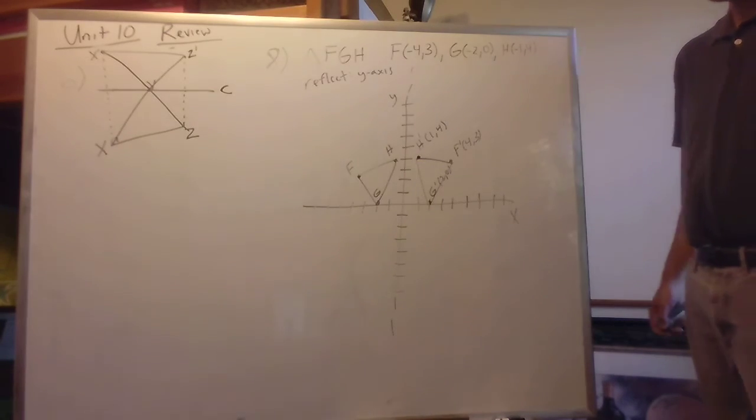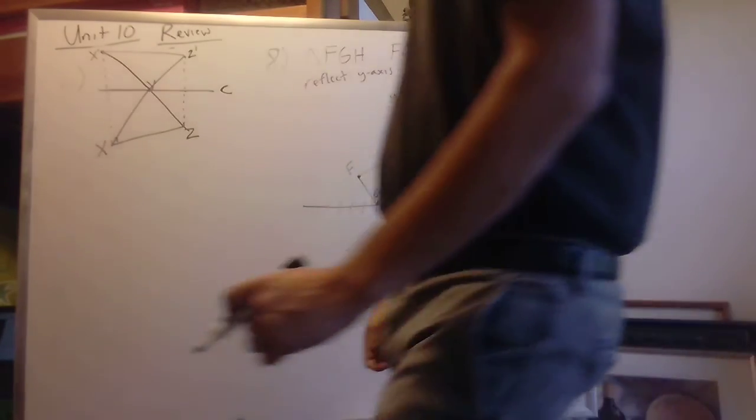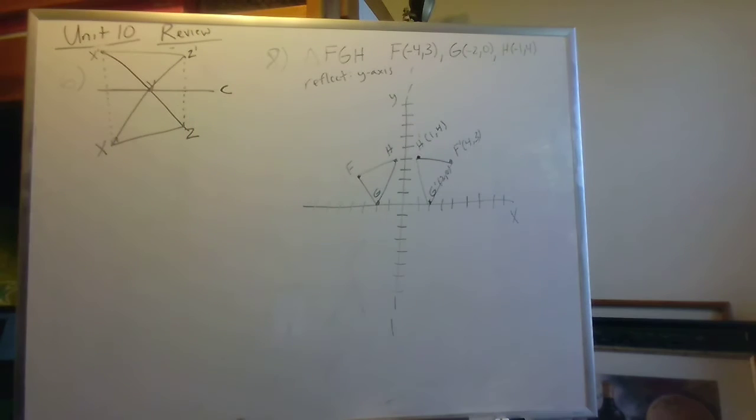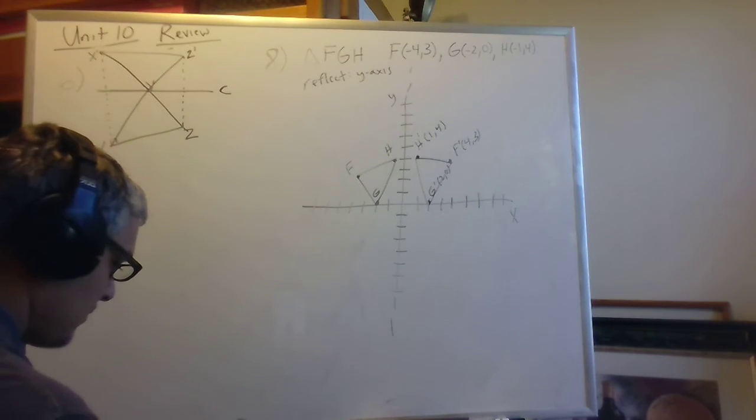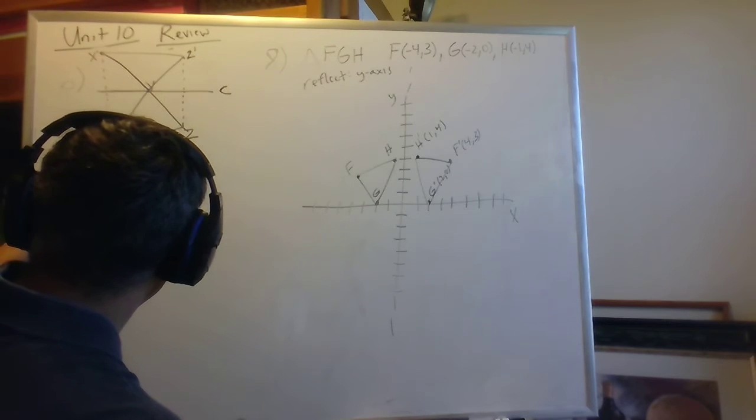All right, so that is problem number 8, and we are going to move on to problem number 11, which is a similar problem to problem number 8, except we're doing a translation instead. So problem 11. We have a triangle.